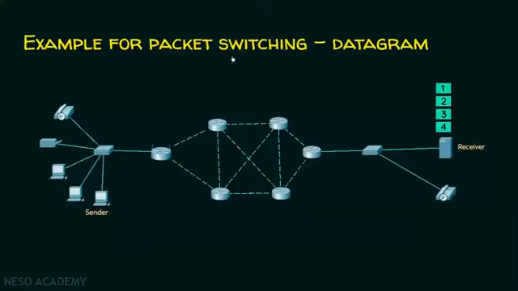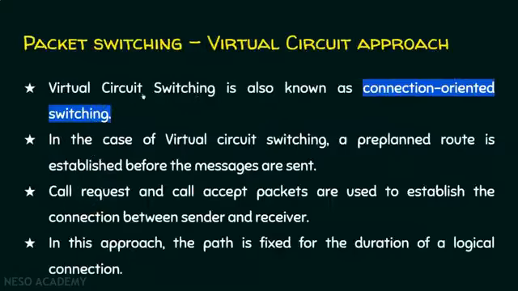We have one more approach in packet switching, that is the virtual circuit approach. Virtual circuit switching is also known as connection-oriented switching. In the previous case, the datagram approach, it is connectionless, where every individual datagram takes a different route. But in virtual circuit switching, a pre-planned route is established before the messages are sent.